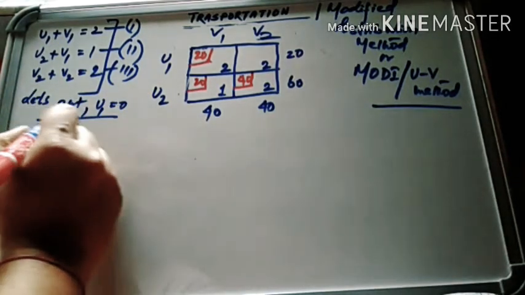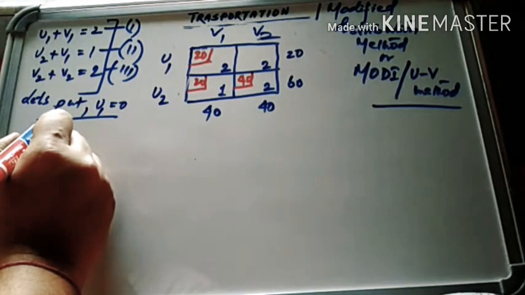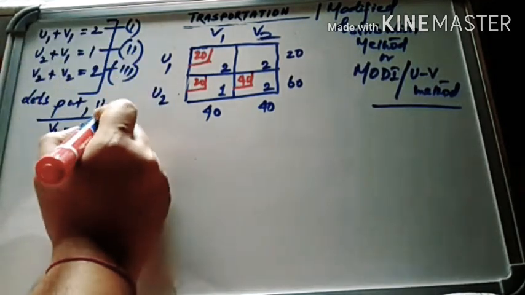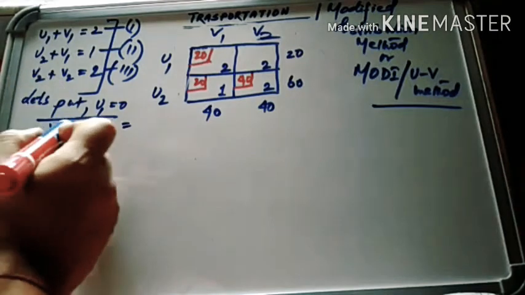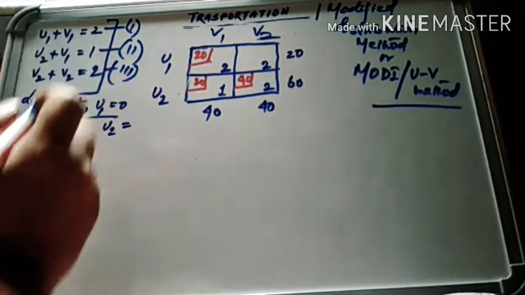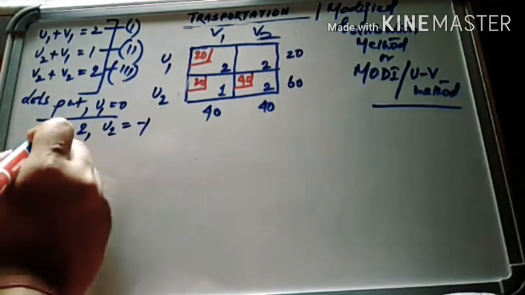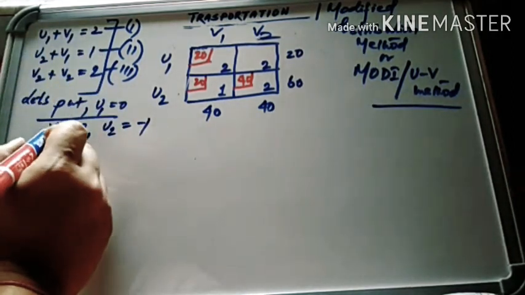Putting U1 equal to 0, from the above equation we can have V1 equal to 2, U2 equal to minus 1, and sorry, this one is V2.